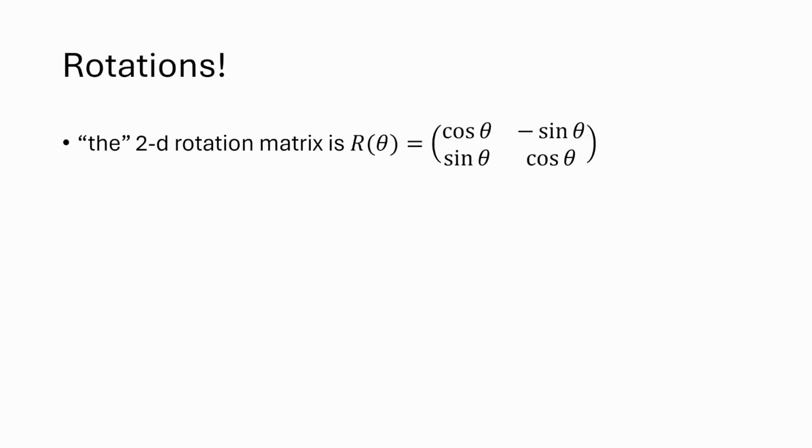The exact derivation of why it is cosine here and negative sine there is a little bit fussy. It's also not super interesting. It's just being really careful with trigonometry, so I'm not going to derive it here, but I hope it seems reasonable just looking at what the elements of this matrix are.